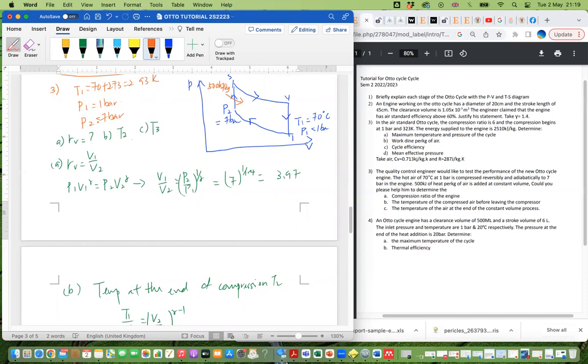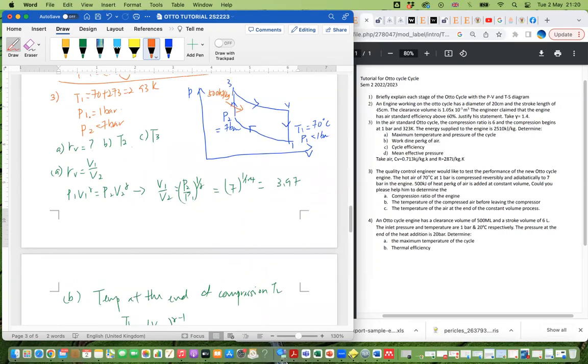It is compressed reversibly and adiabatically to 7 bar, so from 1 to 2, P2 equals 7 bar. And 500 heat is added, so Q in is 500. Could you please help him determine the compression ratio of the engine? Well, this is quite straightforward because we have P1 and we have P2.